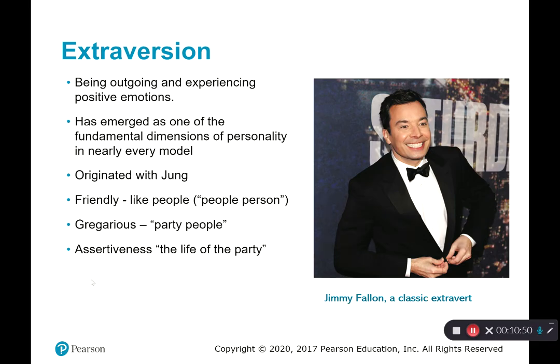They love to tell jokes. So people are drawn to them, and they tend to be the center of attention. So again, we can already see Jimmy Fallon's in the perfect job. He gets to talk to new people for a living, which, if you're an extrovert, is the perfect job.